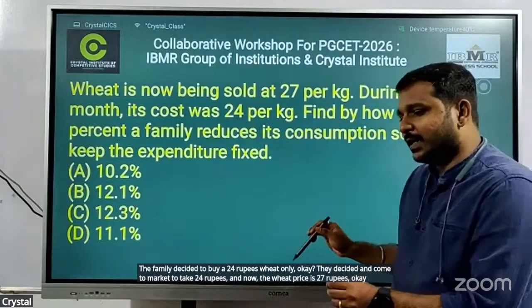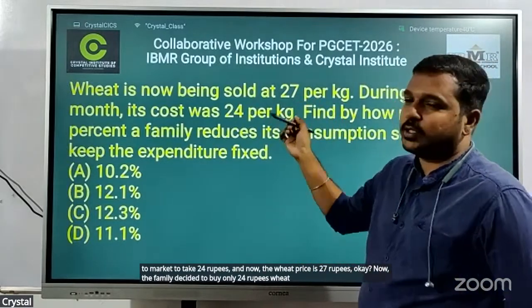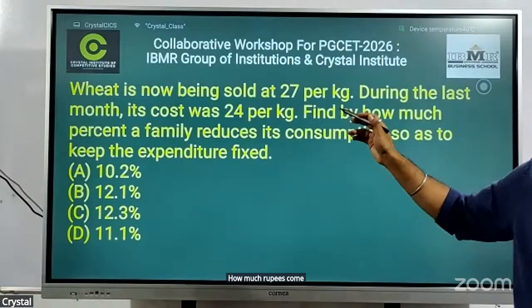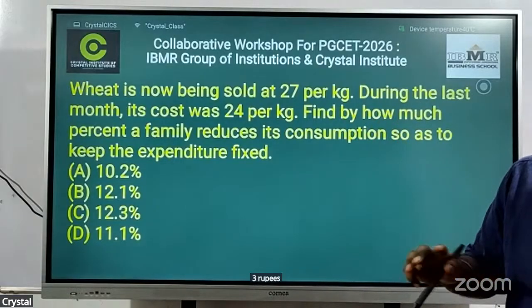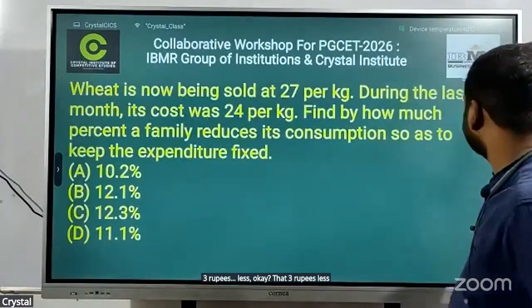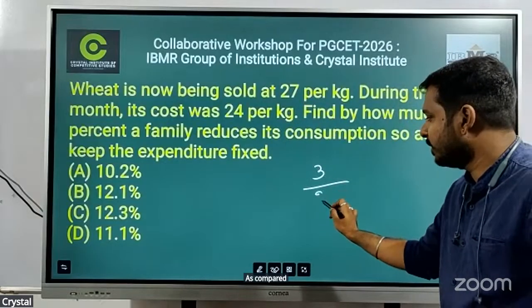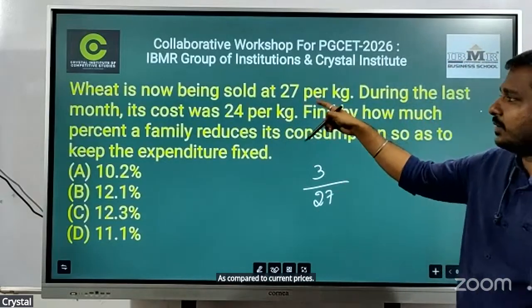Okay, now their family decided to buy only 24 rupees of wheat. How much quantity less do they buy? 3 rupees less. That 3 rupees less they buy as compared to the current price of 27 rupees.